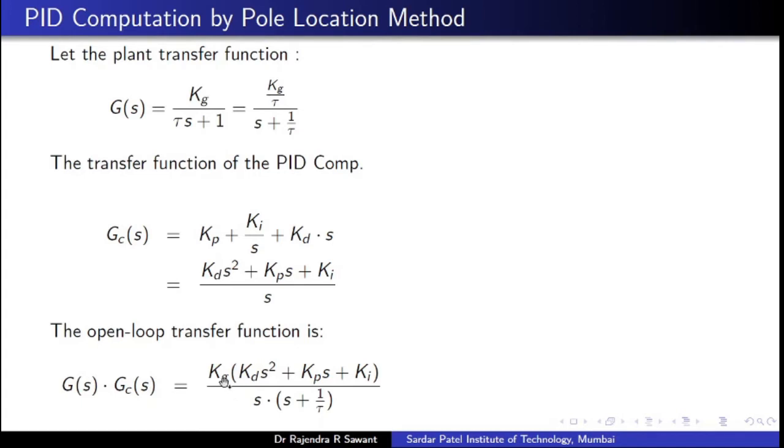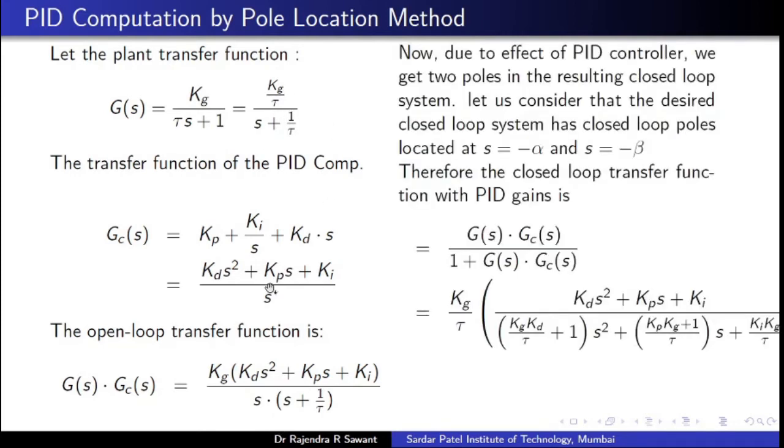The resulting expression after multiplying G(s) with Gc(s) shows that the denominator consists of s plus 1 upon tau multiplied by s, and the numerator consists of the term Kd s square plus Kp s plus Ki, multiplied by Kg upon tau.